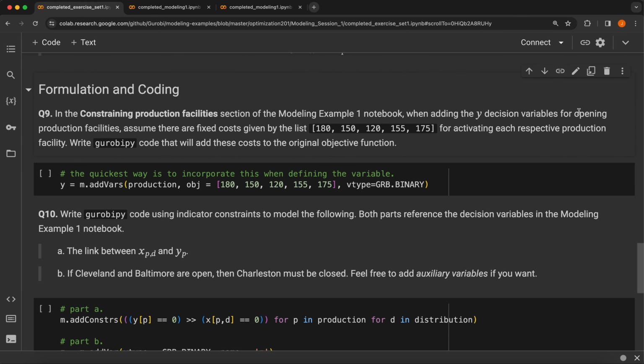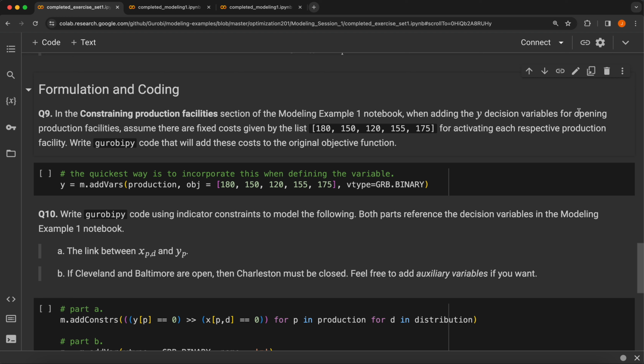Okay, formulation and coding section. In the constraint production facilities section of the Modeling 1 notebook, when adding the Y decision variable for opening production facilities, assume that there are fixed costs given by this list for activating each respective production facility. Write Gurobi Py code that will add these costs to the original objective function.